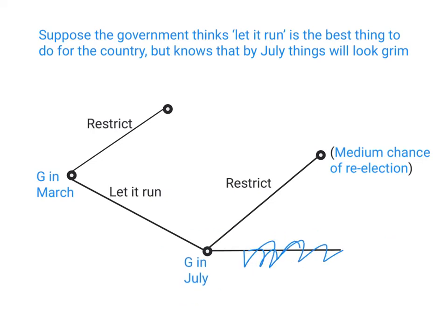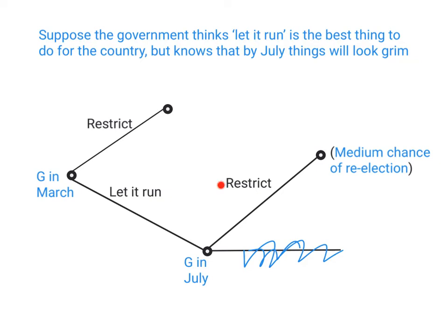So here's what we really have in that bottom branch of our decision tree. The government knows that if it tries to let the virus run, it will change its mind at some stage. It will just have the electorate pushing back on it. It will impose some restrictions. And the government also knows, as we do, that if you're going to impose restrictions, it's better to do it early.